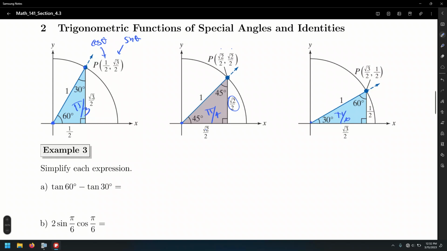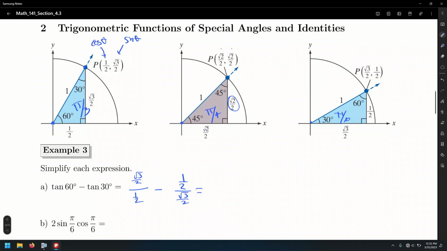Well, tangent of 60 degrees is y over x, root of 3 over 2 over 1/2, minus tangent of 30 degrees, which is 1/2 over the square root of 3 over 2.